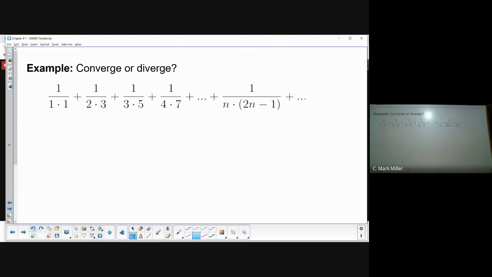So this one, you have to come up with the series. And that's just going to be, this is the nth term right here. You have the nth term sitting right there. Right?